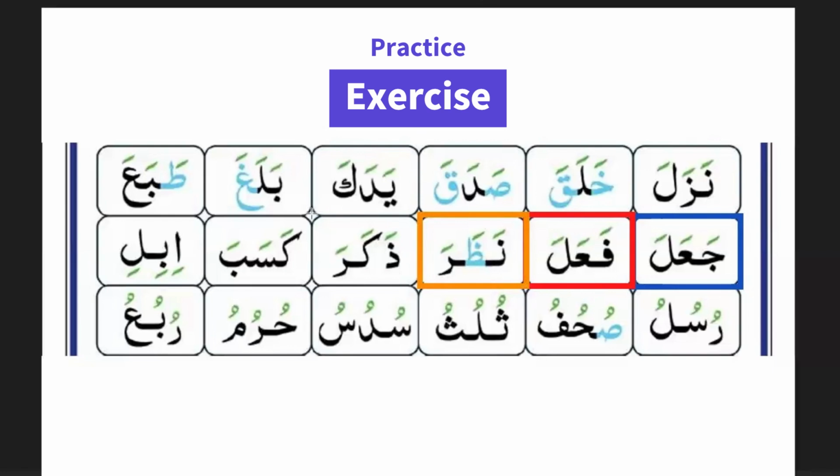Next one is dhakara. Next one is kasaba. This one is ibili. Next one is rusulu. Next one is suhufu.